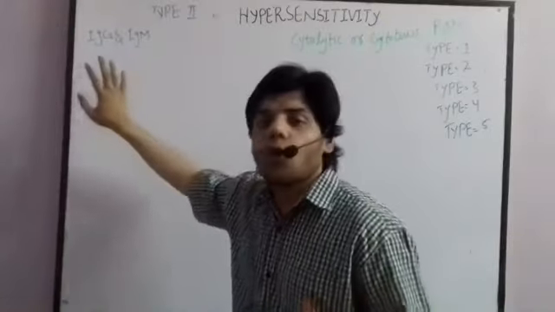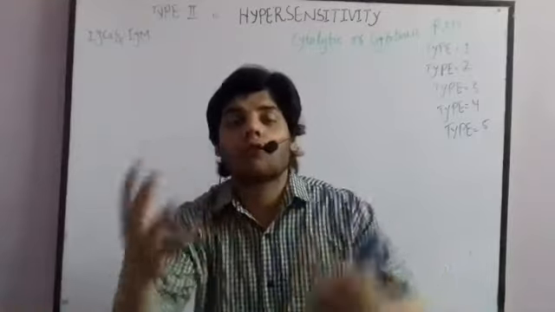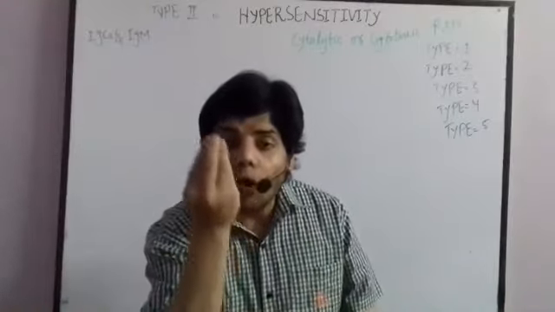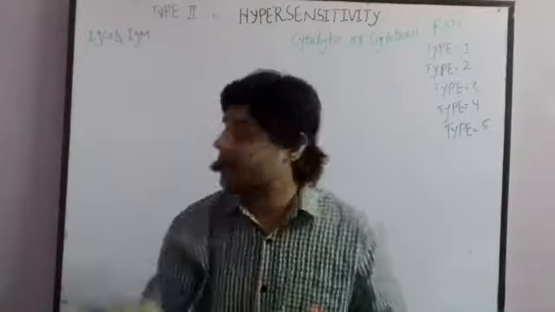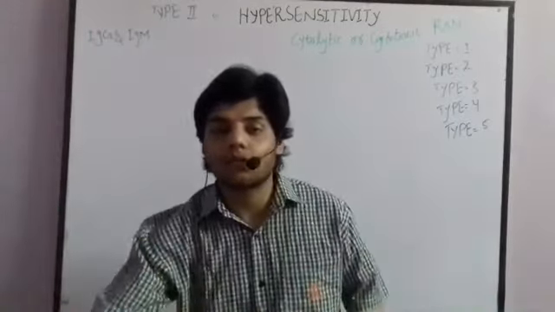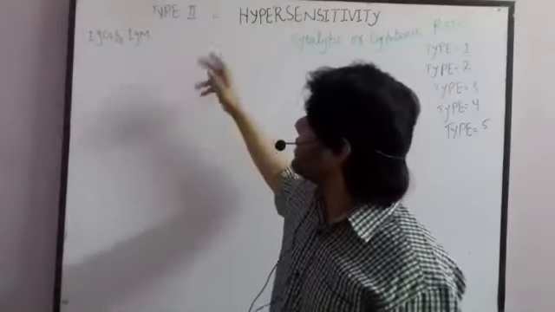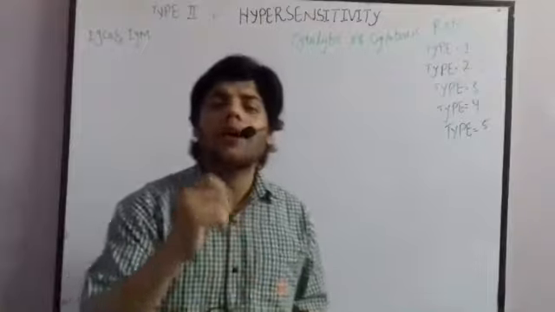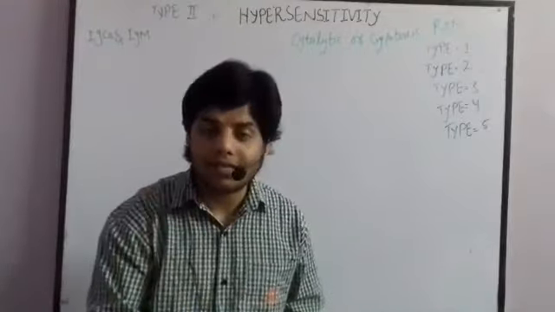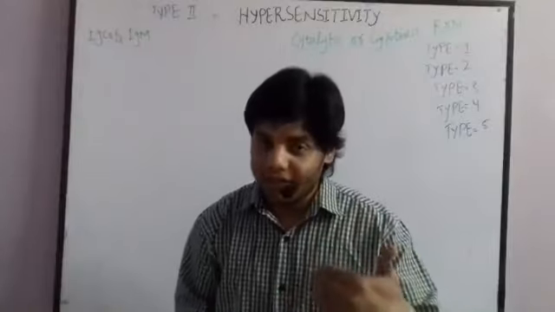Such antibodies are produced against proteins present on the surface of the tissue cells. On the other hand, type 2 hypersensitivity can stimulate the complement system and it can also stimulate effector cells.